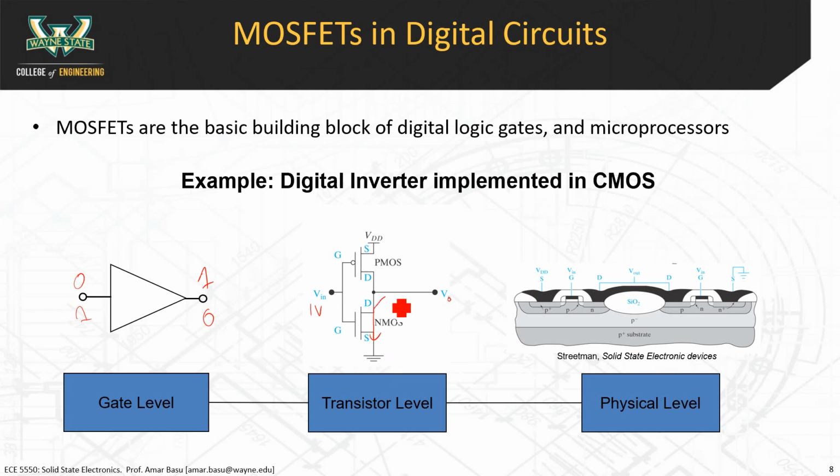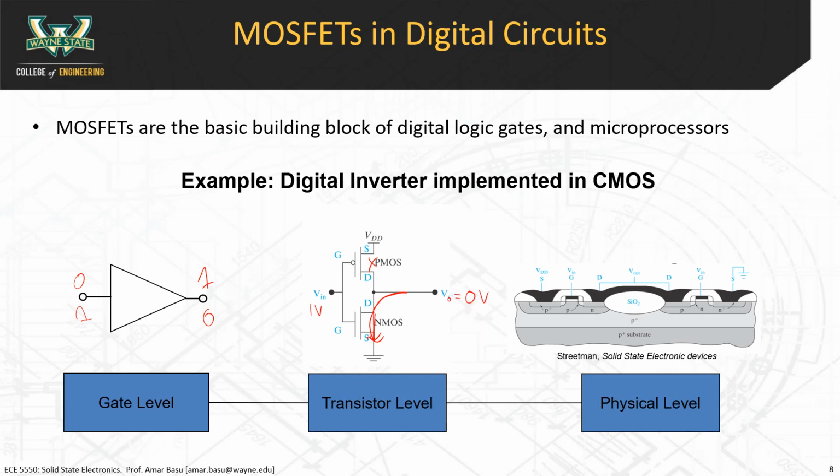So the output and ground are electrically connected to each other, and as a result, your output voltage is 0 volts. At the same time, I forgot to mention, when you apply 1 volt to the input, let's say your VDD is also close to 1 volt. That means that the gate to source voltage here is small, so the PMOS device is off. So when you apply a high voltage at the input, the NMOS device is on, the PMOS device is off, and you basically get an output voltage of 0.